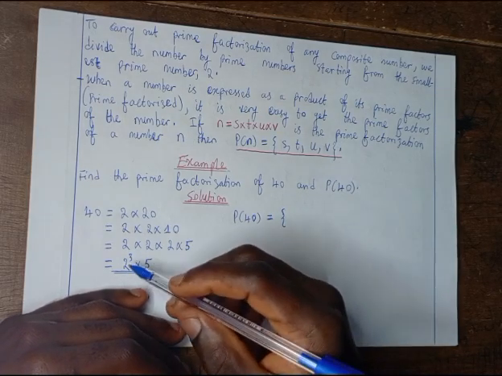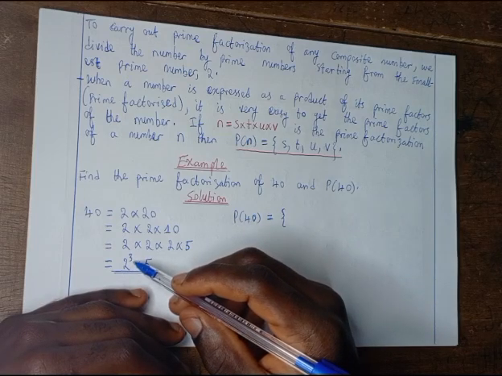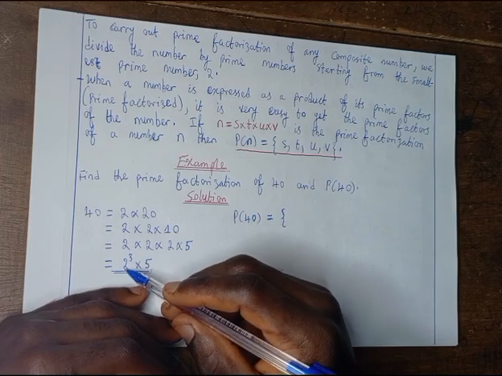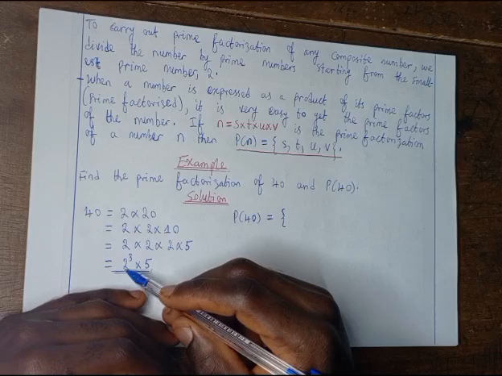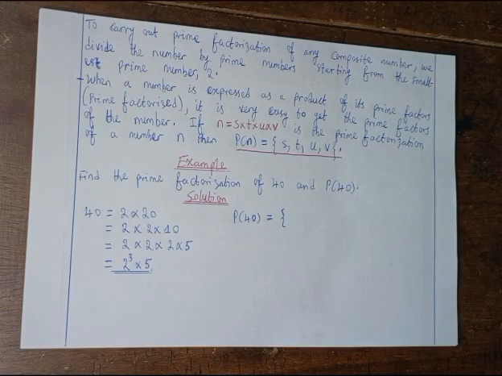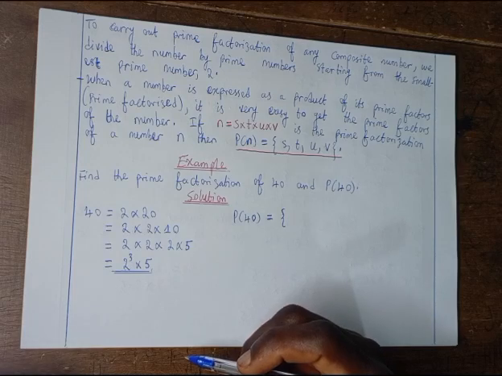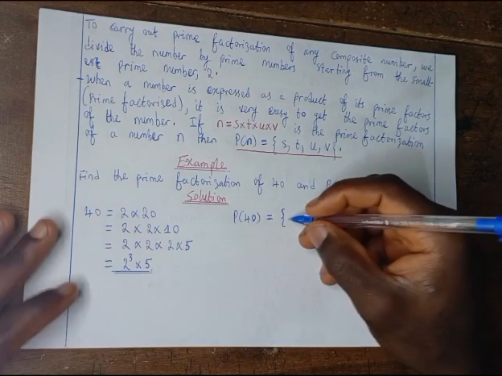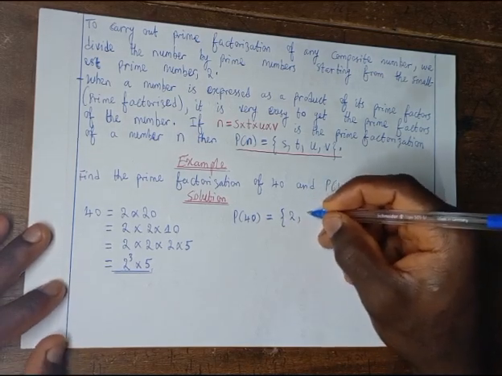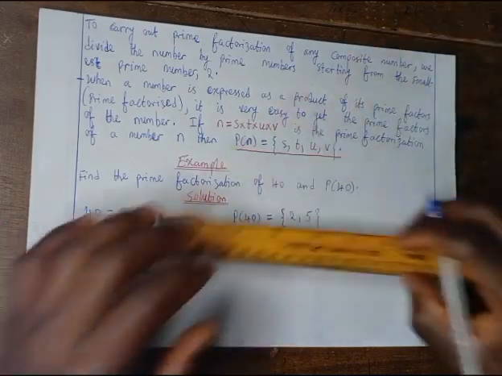Take note, 3 here is not to be copied. 3 is simply the power of the prime factor 2. It simply means in the prime factorization, the prime factor 2 is being multiplied by itself 3 times. The prime factors will simply be 2 and 5. Underline the result.